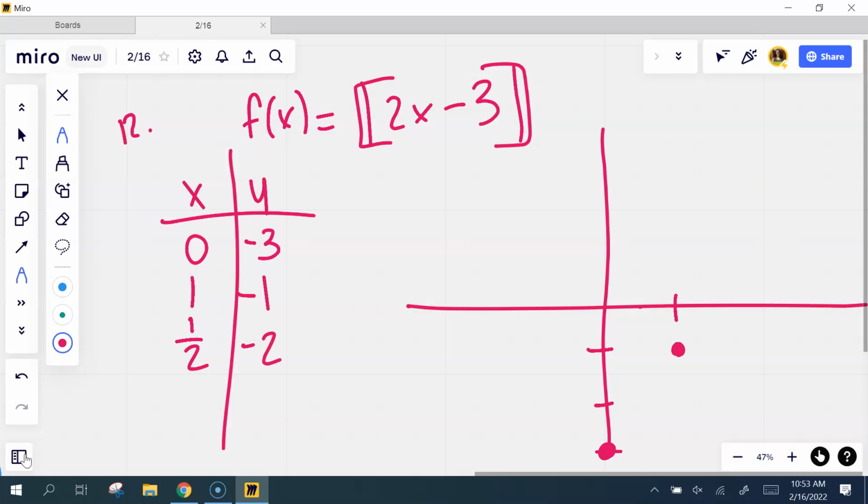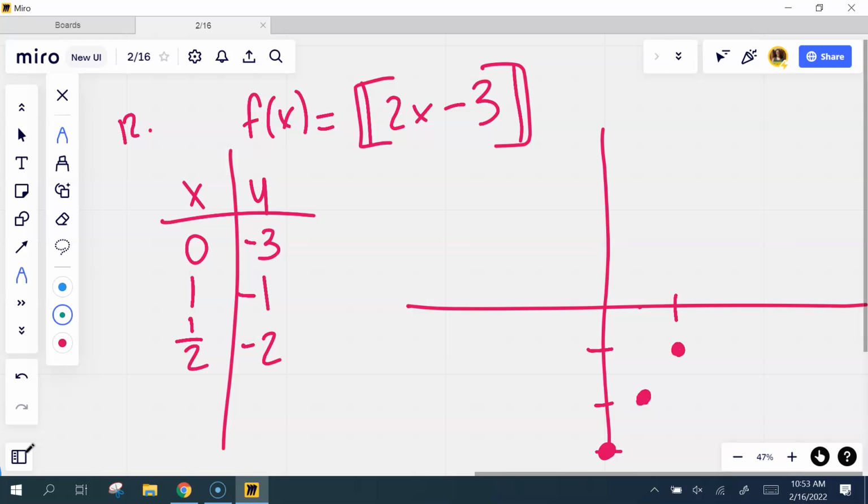All right, so I'm at 1/2, but I'm down to -2. If it's a decimal or a fraction, you jump down. If it's already an integer, you keep the integer.